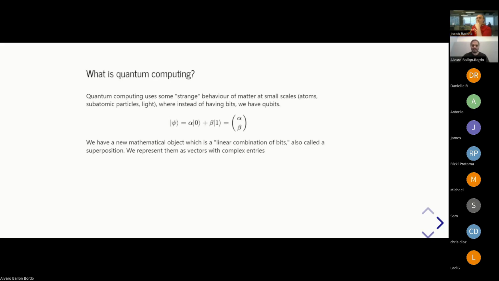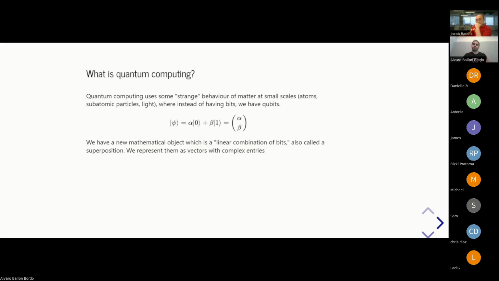Okay. Sorry about the math. Be prepared for some linear algebra. Yes, so basically how we represent this is a vector, okay? So this is a vector, a column vector, which has this alpha, which is a complex number, and this beta, which is also a complex number, okay?